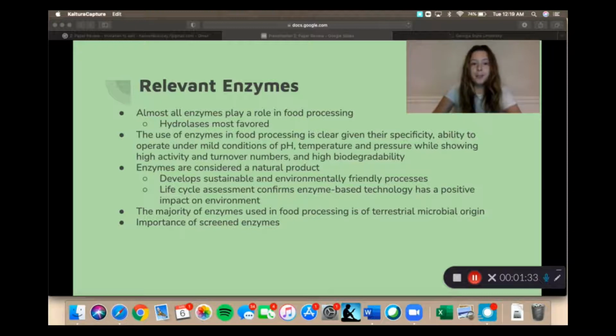Next, I'm going to talk a little bit about the importance of screened enzymes. These enzymes are important because they operate at high temperatures, roughly above 45 to 50 degrees Celsius, which minimize the risk of microbial contamination. These reactions are relevant to food processing because they favor the isomerization of glucose to fructose.